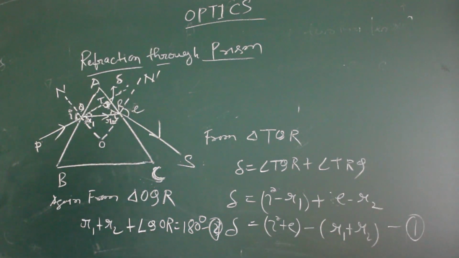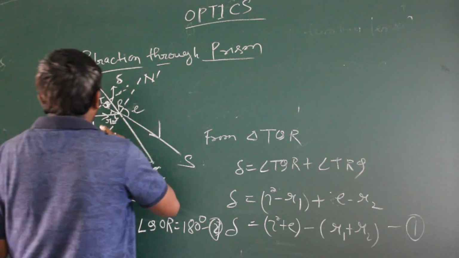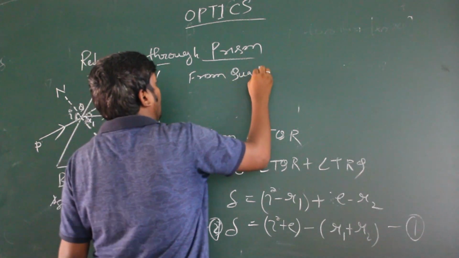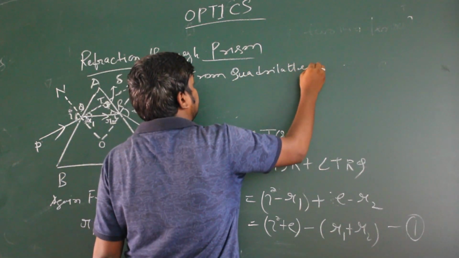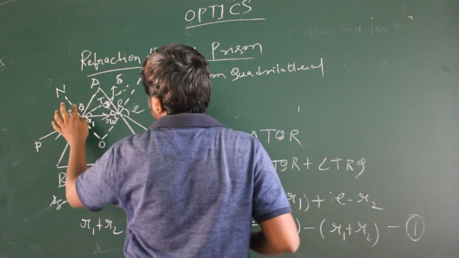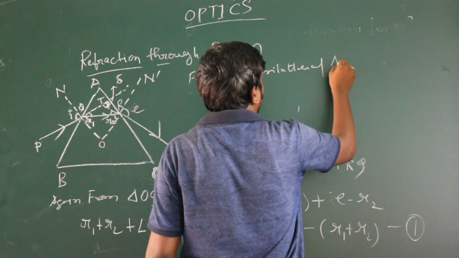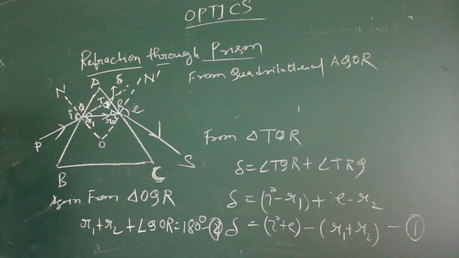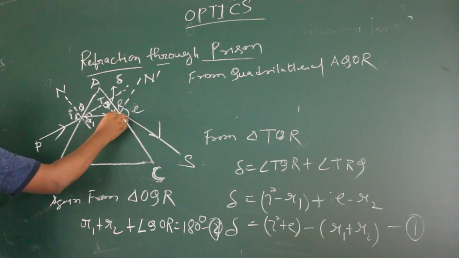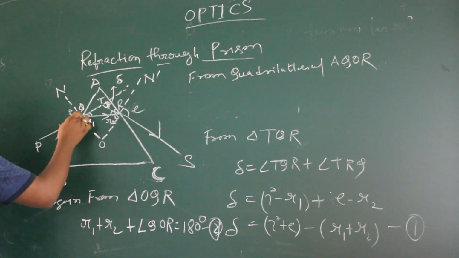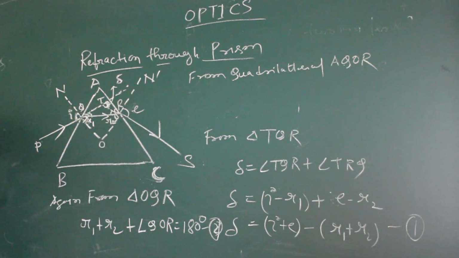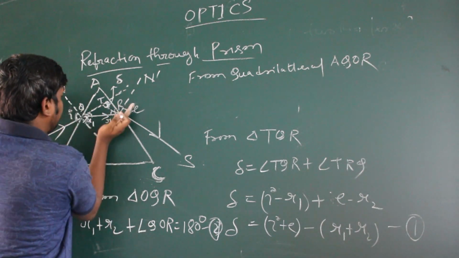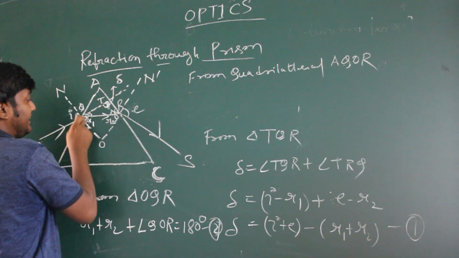Now see, from the quadrilateral AQOR. This is normal, so this will be 90, and this is also normal, so this will be 90. So the sum of these two is 180 degrees. Both angles are 90 plus 90, 180.